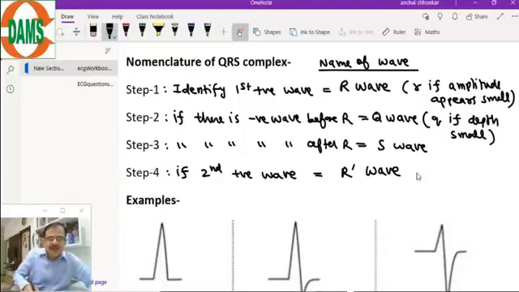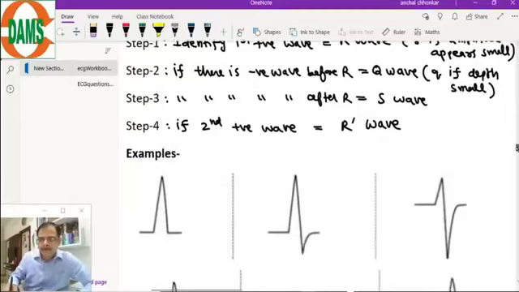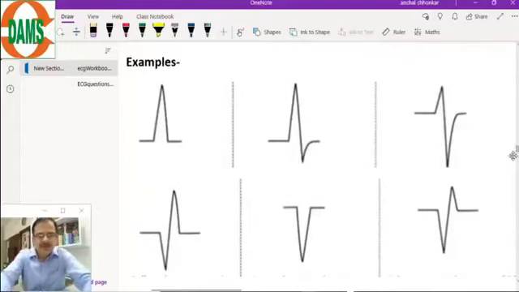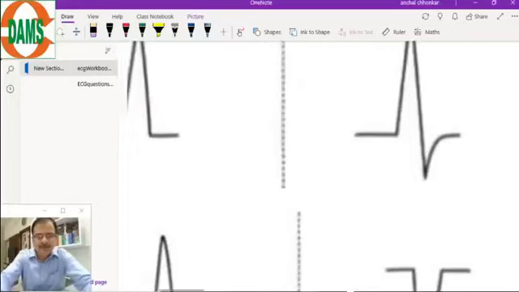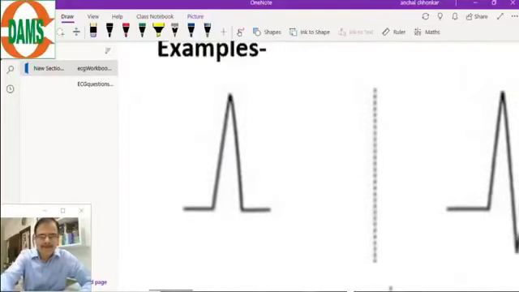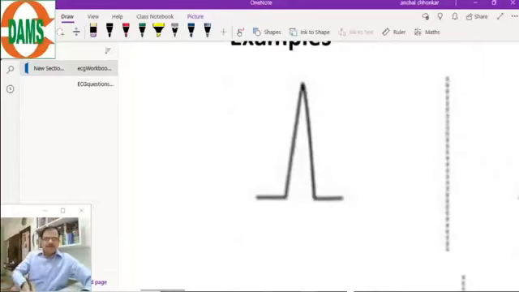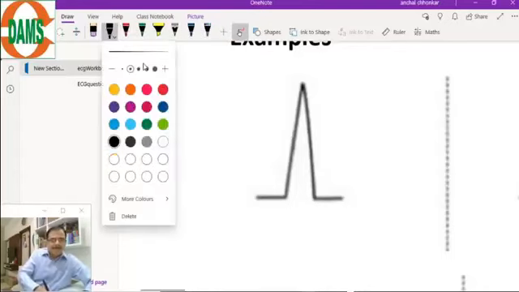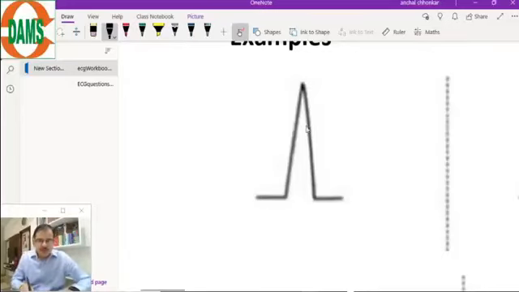So let's come to the examples of nomenclature. There are I think 9 diagrams in these examples. So this is the first one.